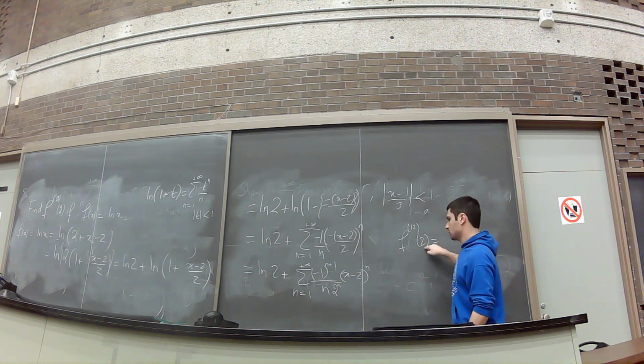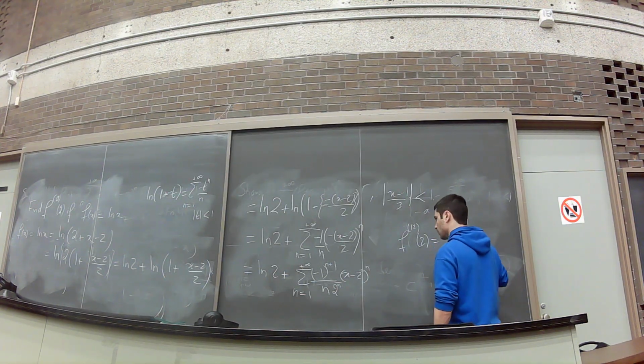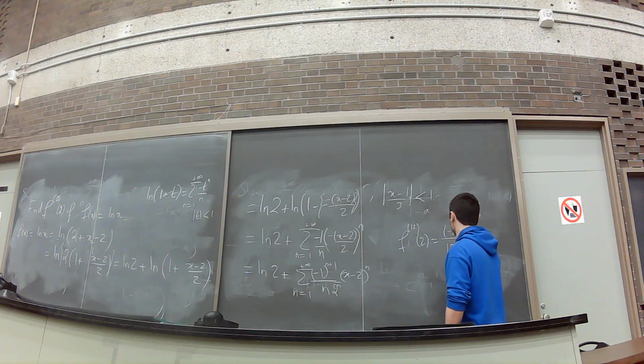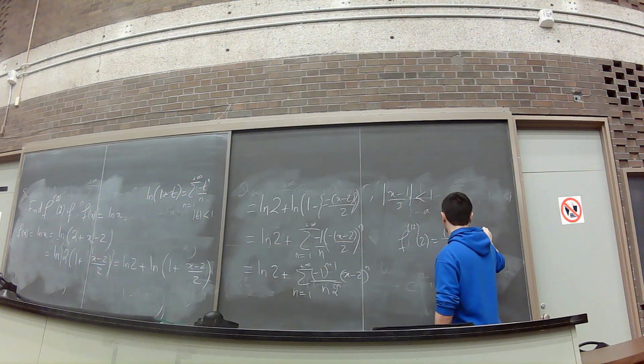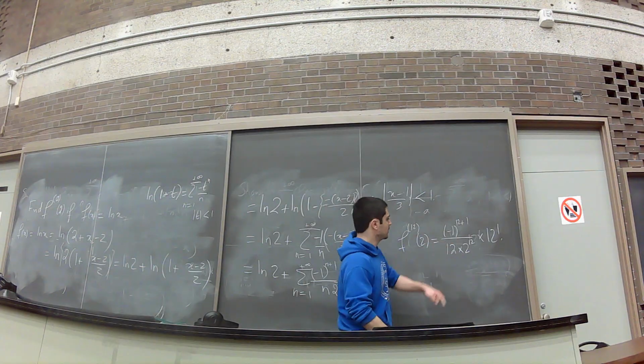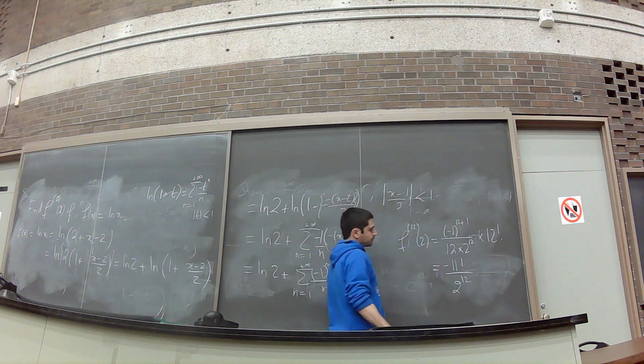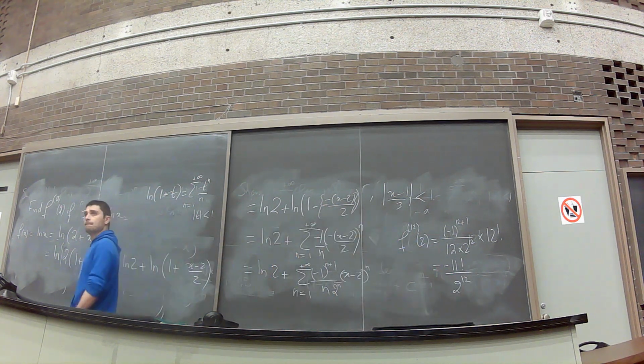So you get (-1)^(12+1) over 12 times 2 to the 12, times 12 factorial. Then you can simplify: (-1)^13 is just minus 1. 12 factorial divided by 12 is 11 factorial, so you get minus 11 factorial divided by 2 to the 12. Okay?